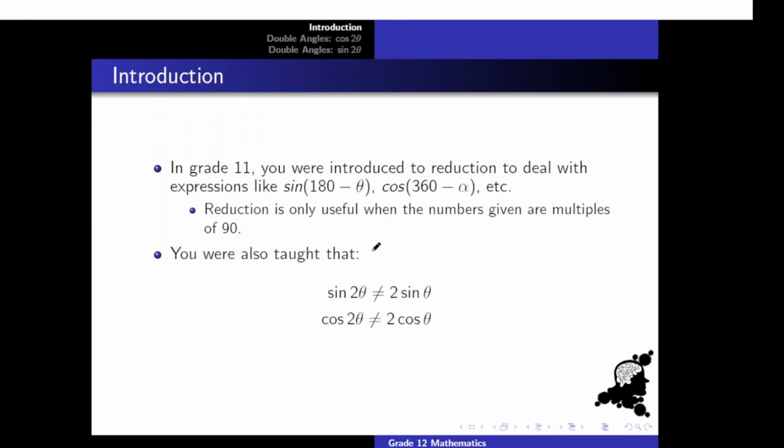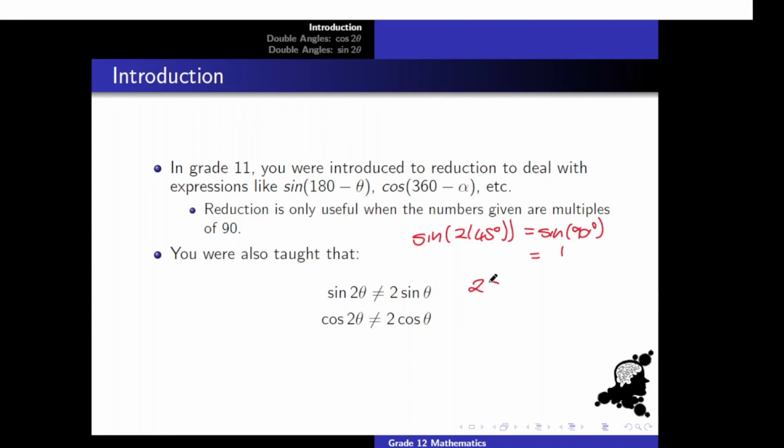You were also taught that sine of 2 theta is not the same as 2 sine theta. To prove this, I know that sine of 2 times 45 degrees is the same as saying 2 times 45, this is sine of 90 degrees. Now sine of 90 degrees, as a special angle, is 1.